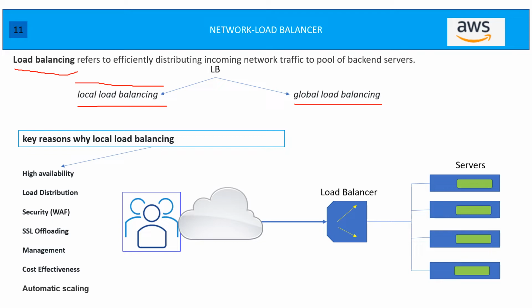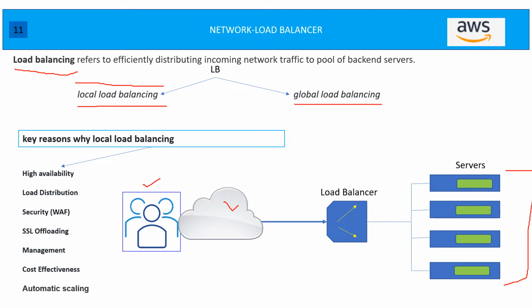So for example, I assume all these users are part of your internal network and you have an intranet and you have a pool of servers. So you want to deploy a load balancer in front of the pool of servers.